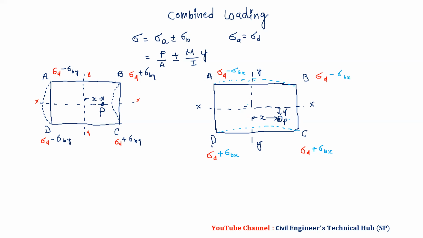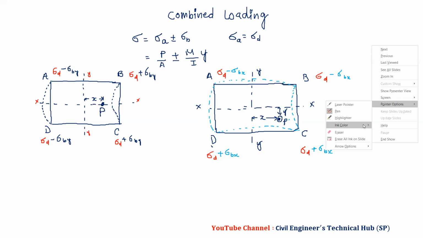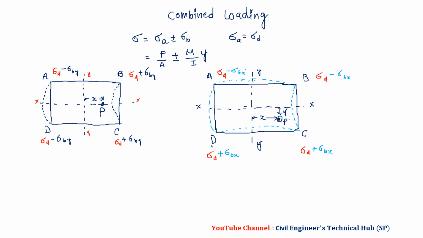Now for Y, we have the column on this side, so it will bend in this fashion. BC will go in compression and AD will go in tension. I will change the color again. Here we have minus sigma By.